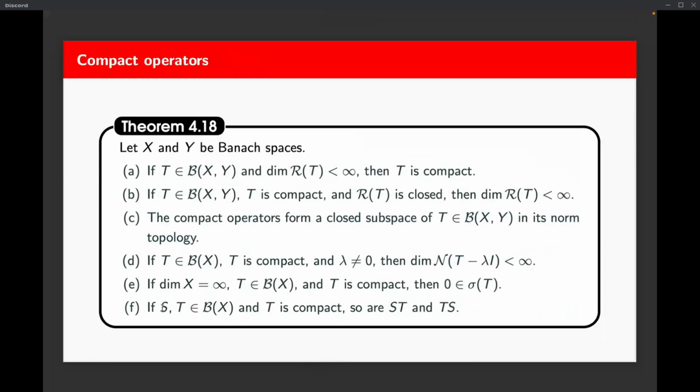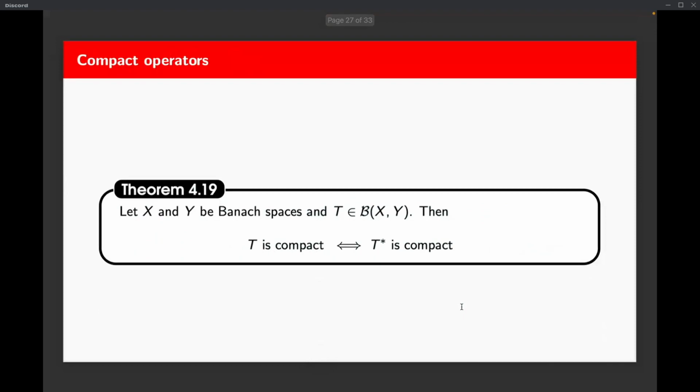And then finally, this gets used several times and is quite useful, actually. If you have two elements, S and T, that are bounded operators on X, and one of them is compact, then both of their products are also compact. It's not super obvious that that's useful, but it definitely gets used in some of the theorems, and I'll also use it in an example at the end.